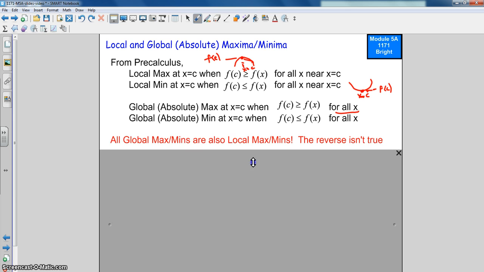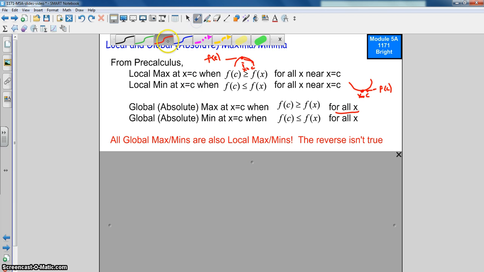Nothing too surprising. Now, one important idea to keep in mind is that if you have a global max or a min, they are also local maxes or mins, not the other way around. If it's the highest on the whole thing, it's certainly going to be highest in a small area.